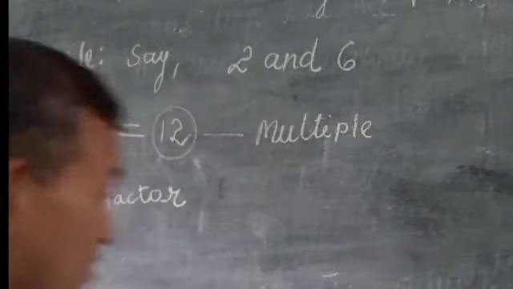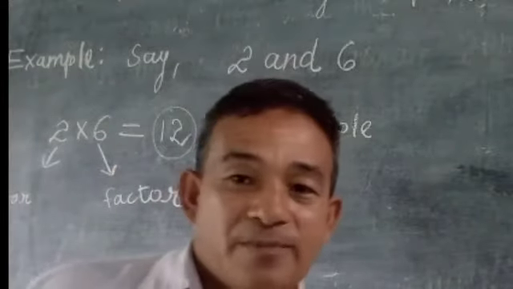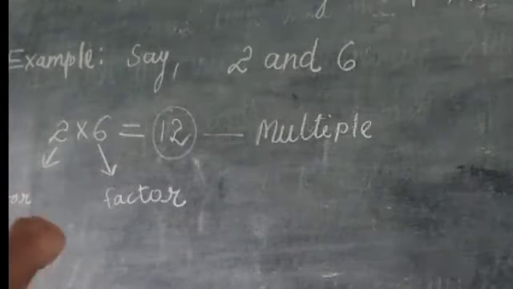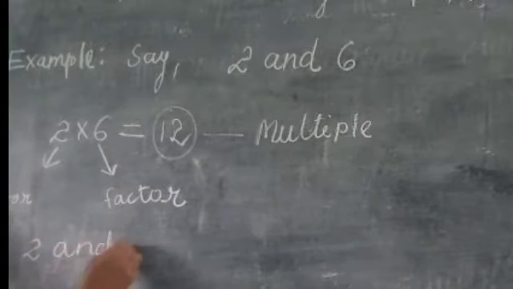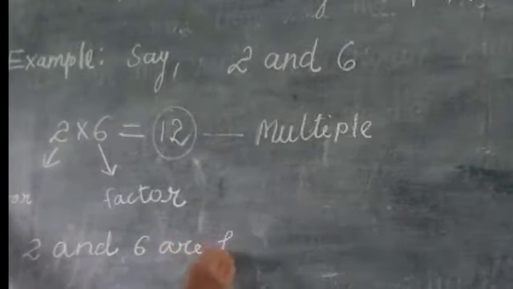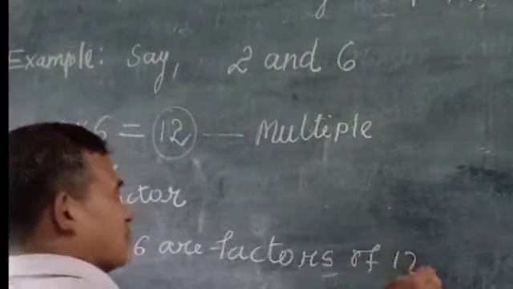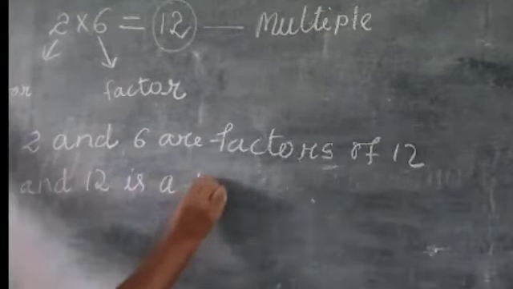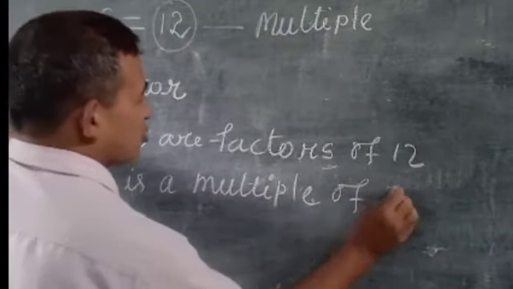Okay. So you have to note all this down in your notebook. After writing this, you will write one more thing: 2 and 6 are factors of 12, and 12 is a multiple of 2 and 6.